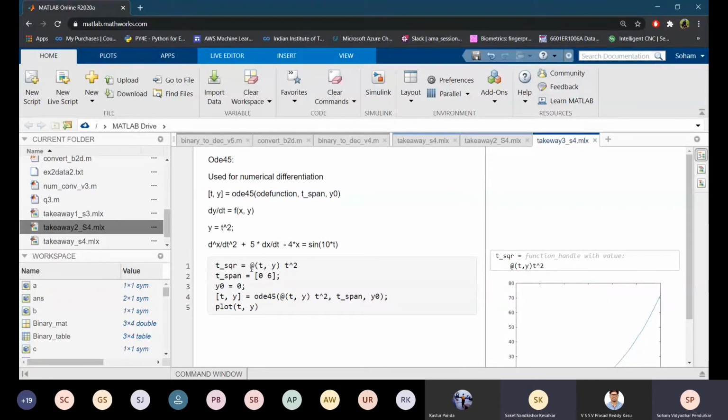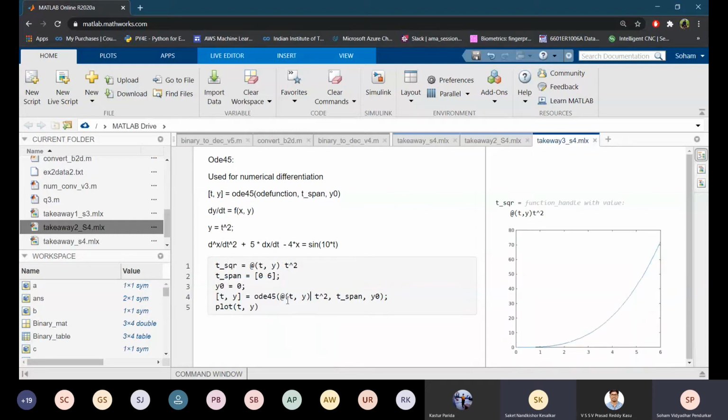I just told MATLAB that this is the function I want, t square, and give a name tsqr to it that I will specify later on. I mean, that I will supply to a function later on. Okay. Thank you. So it's like creating a name for this function that you want, and then specifying that variable name into the function.